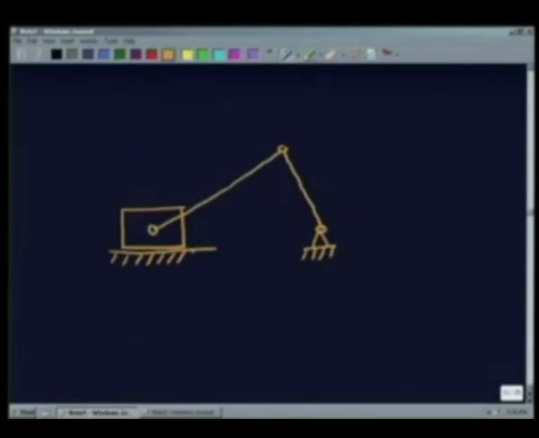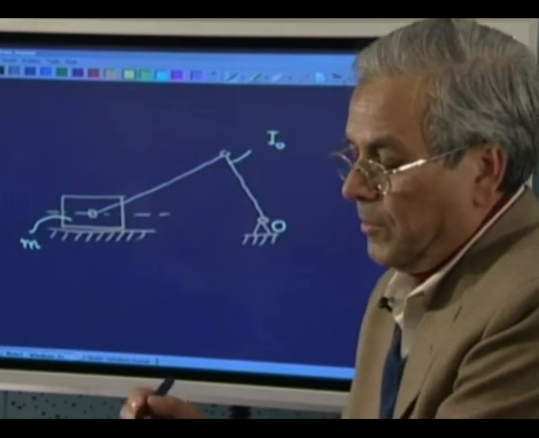This is a very useful mechanism, that is why we are using it in so many problems. Now, here I say that this is a pure rotating body about its fixed hinge, and let its moment of inertia about this fixed hinge be I. Let us consider this is a pure reciprocating or rectilinear motion body, so I have to give only its mass.